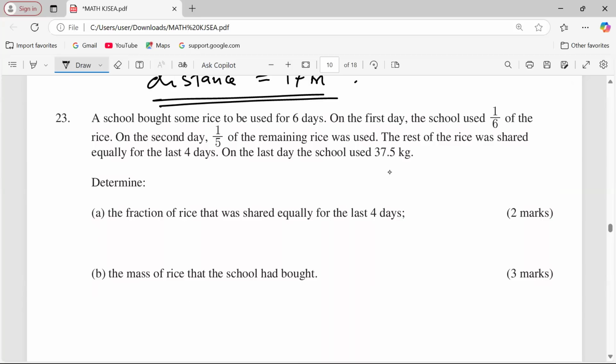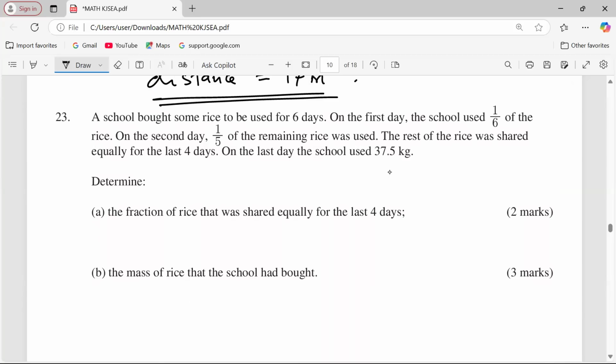Look at number 23 now on fractions. A school bought some rice to be used for 6 days. On the first day, the school used 1/6 of the rice. On the second day, a fifth of the remaining rice was used.